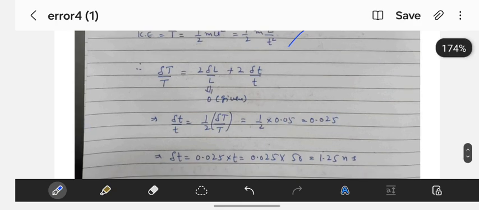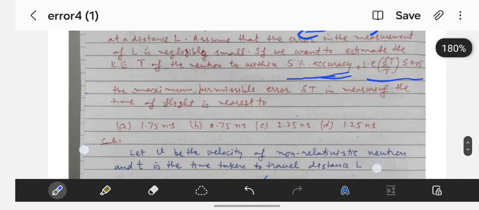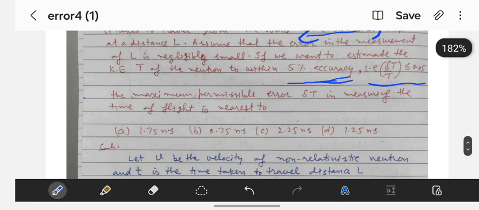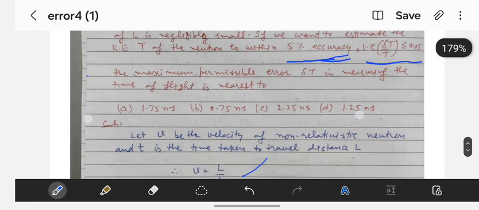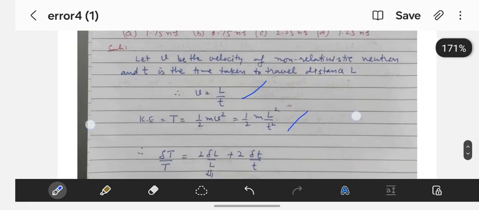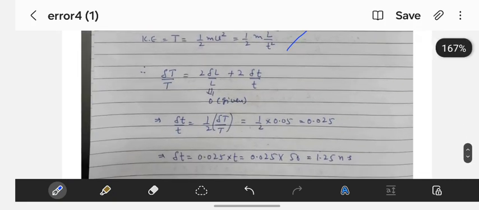So what do we need to find? The maximum permissible error delta t in measuring the time. So we need to find the error in time. So it will be delta small t by t equals, then the 2 will go to the other side. This is delta T by T times 1 by 2, and delta T by T is given, that is 0.05, and it will give us 0.025.